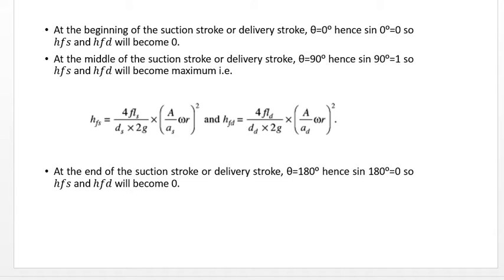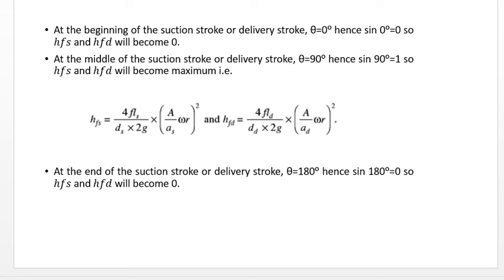So at the end of the stroke sin 180 is equal to 0. So HFS and HFD will become 0. So at the end of the stroke, there will be no effect of the friction head on the indicator diagram.